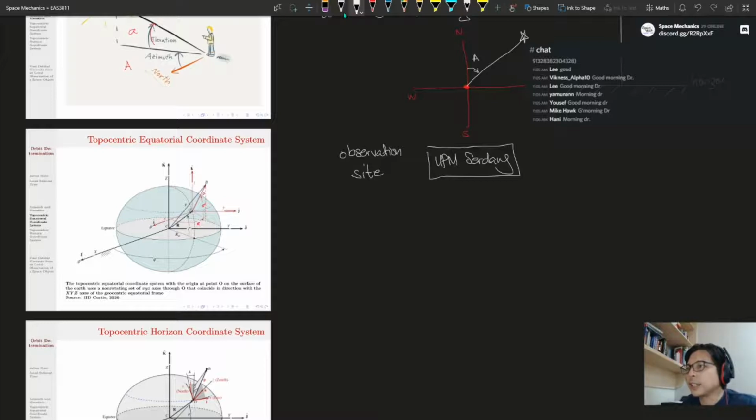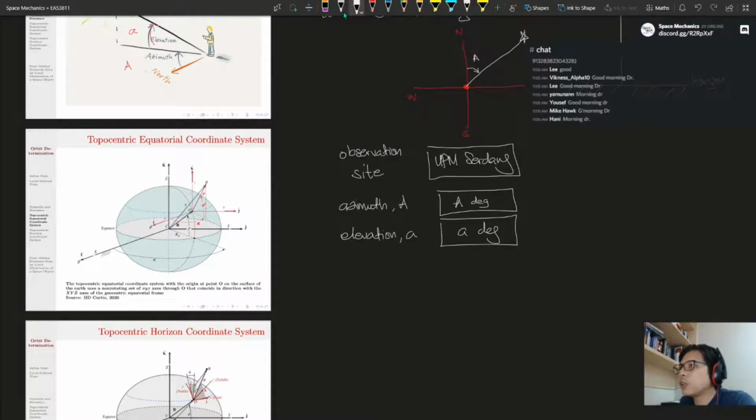So you know the azimuth angle, A is some value in degrees, and then you know the elevation of that object in the sky, denoted by a degree.